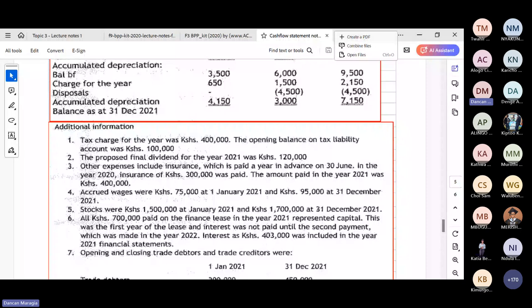So we cannot get the cash in the statement of profit or loss, because it's an asset, or if it becomes a bank overdraft, it becomes a liability, since we owe the bank. Unless you are given a cash book, if the examiner doesn't give you the statement, then he will give you a cash book showing the opening cash balance and the closing cash balance. But any other statement? No. Only the statement of financial position.